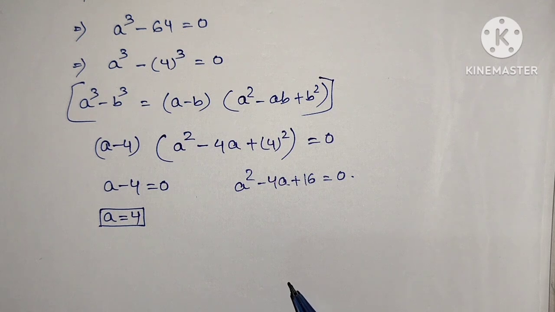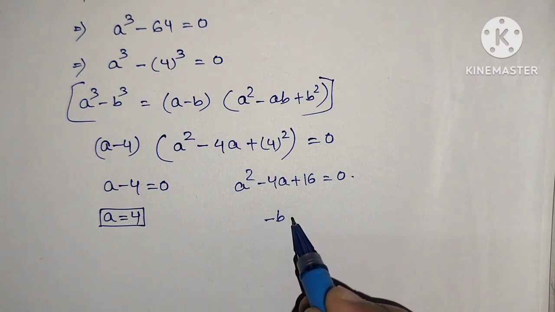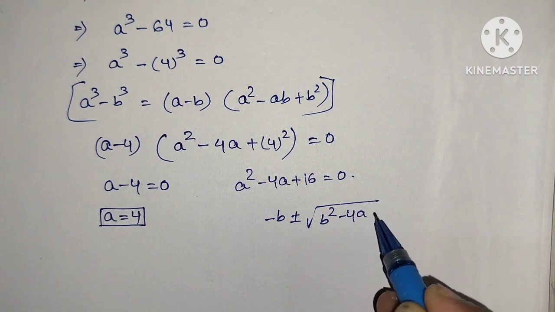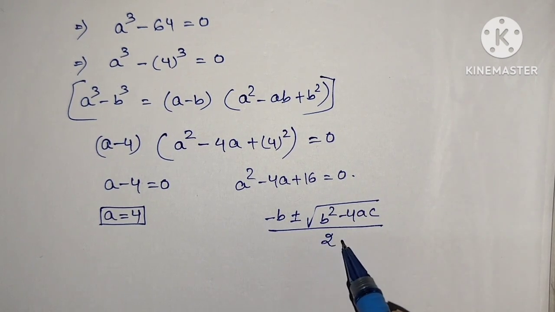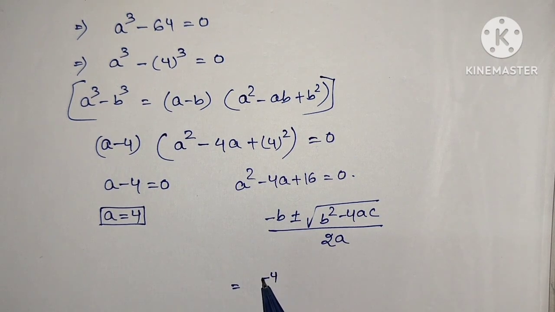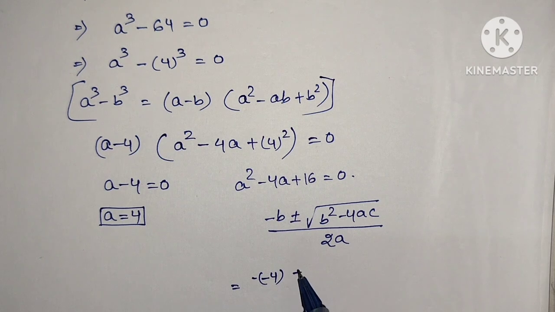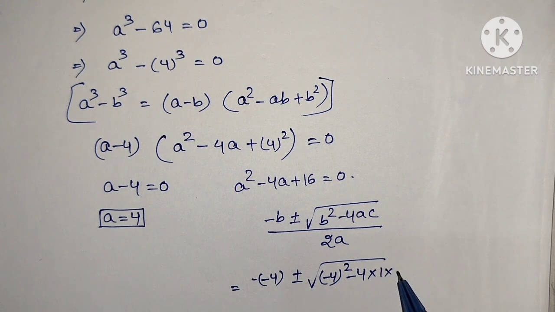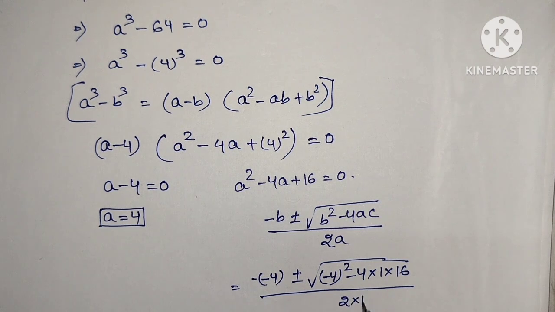We apply the algebraic rule, minus b plus minus root over of b square minus 4ac divided by 2a. That is minus of minus 4 plus minus root over of minus 4 square minus 4 into 1 into 16, divided by 2 into 1.